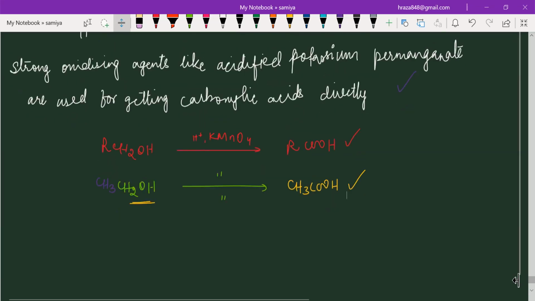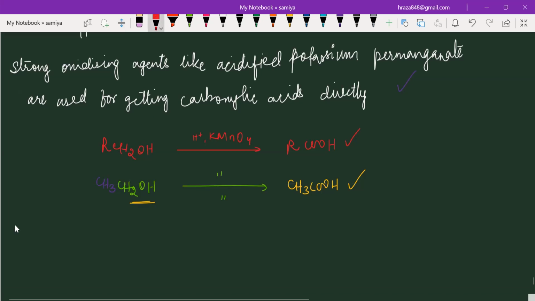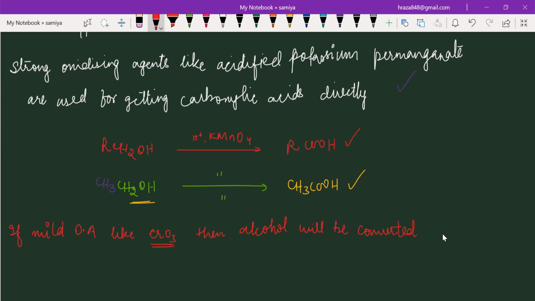Okay. If you are going to use a mild oxidizing agent like CrO3, chromium trioxide, then primary alcohol will be converted into aldehydes, directly aldehydes, not carboxylic acid.